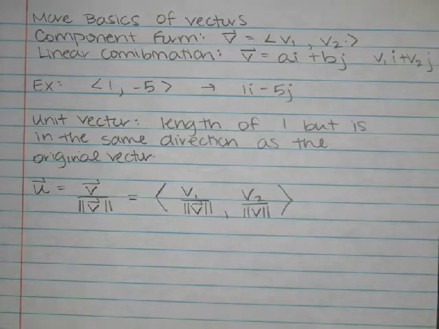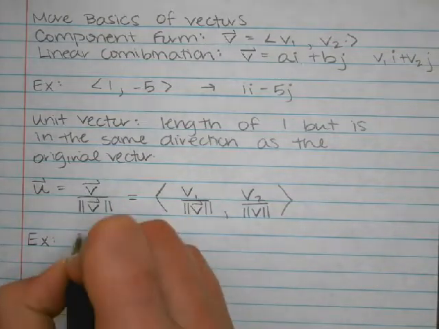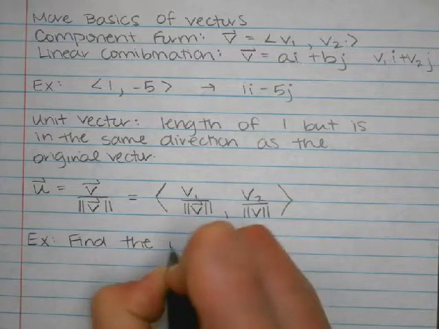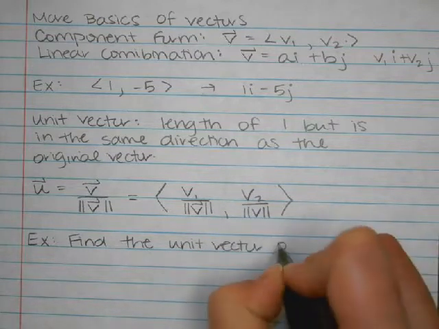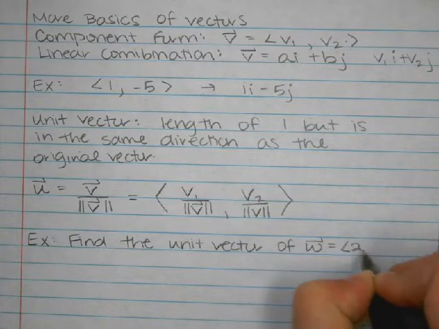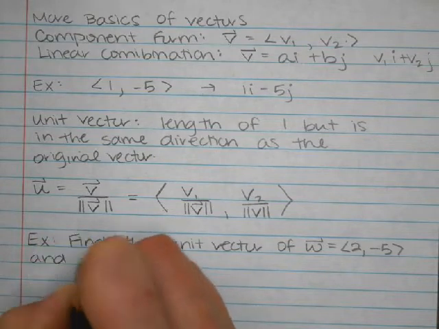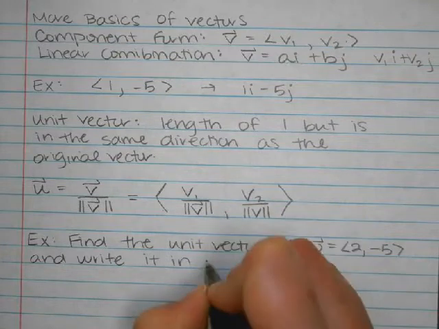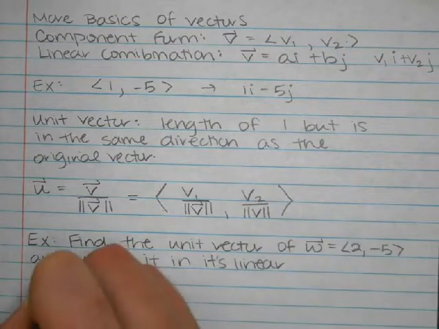Okay, so we're going to go ahead and find the unit vector of w, which is 2, negative 5, and write it in its linear combination form.